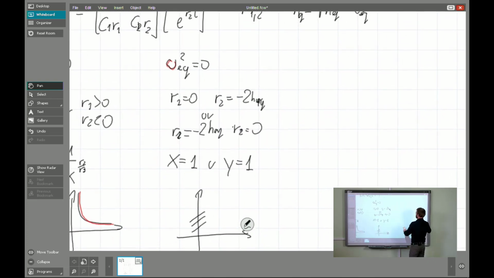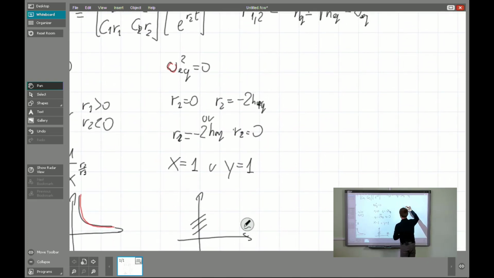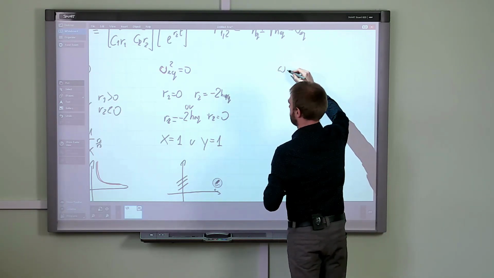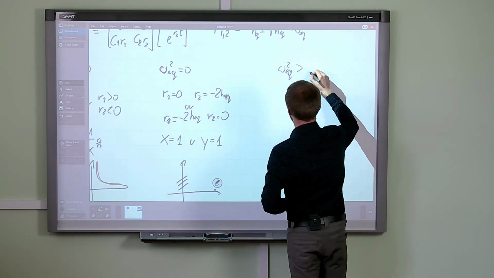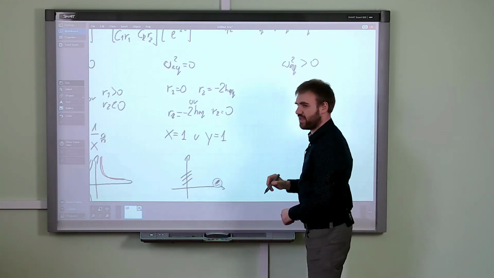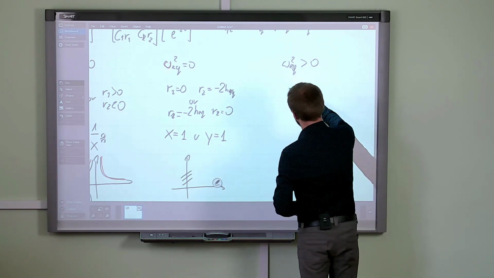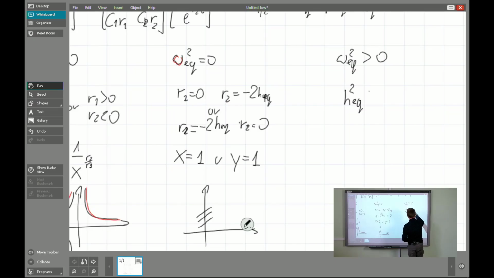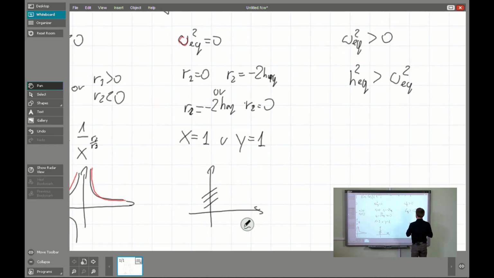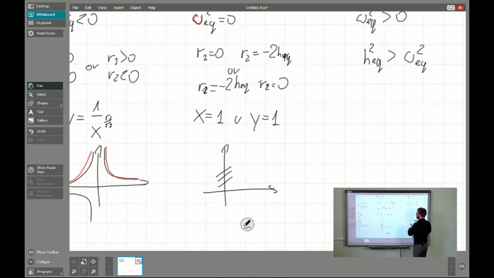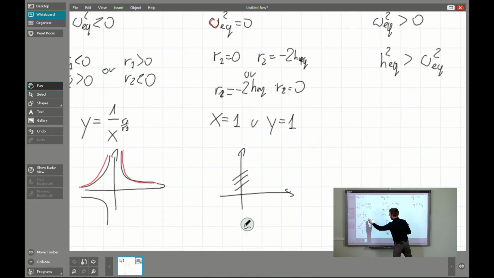Also, there was the second condition: if the equivalent omega squared is bigger than 0 and we have the case of an over-damped system, where the equivalent h squared is bigger than the equivalent omega squared, then as a solution we have almost exactly the same thing, but expressed by x to the power of R2 over R1.